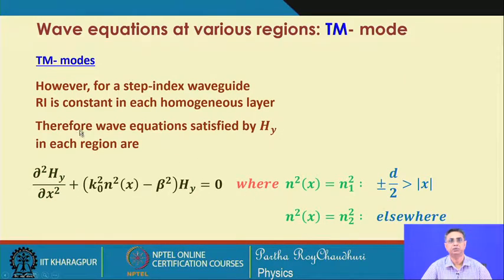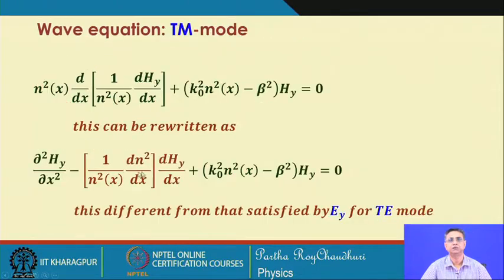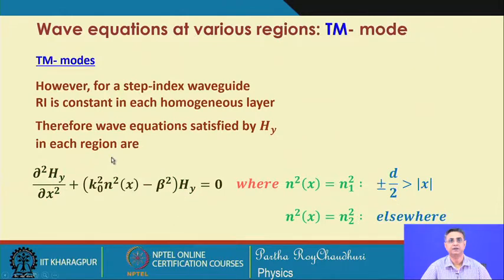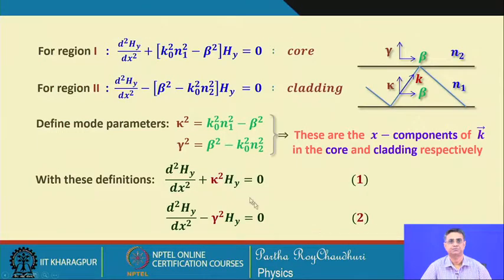Now, for TM modes, because we are dealing with piecewise homogeneous layers, we can remove the discontinuity, this second term, and write the wave equation for each layer, the same way as we wrote in the case of TE modes.